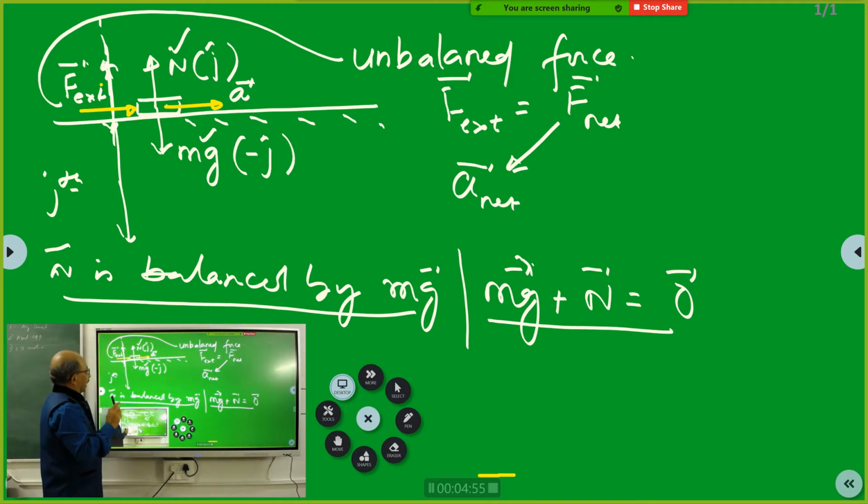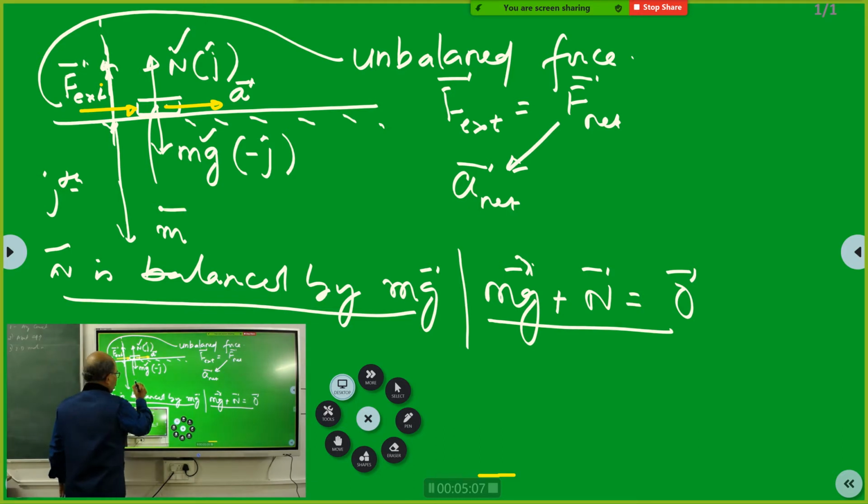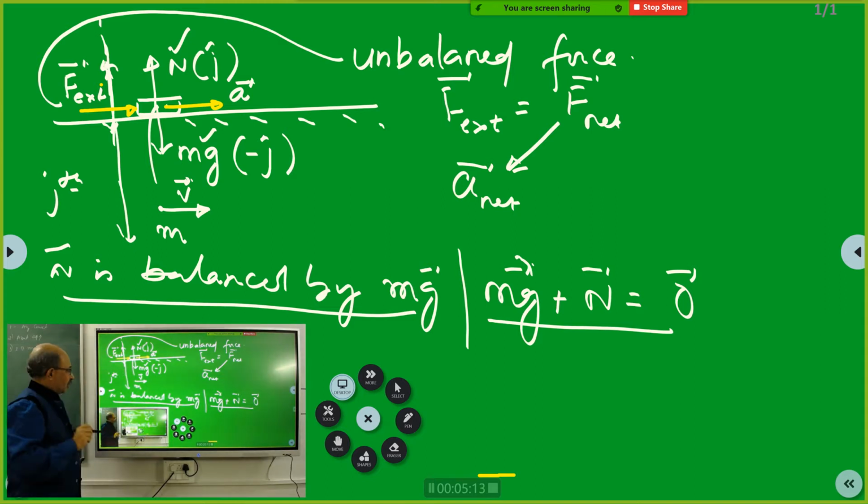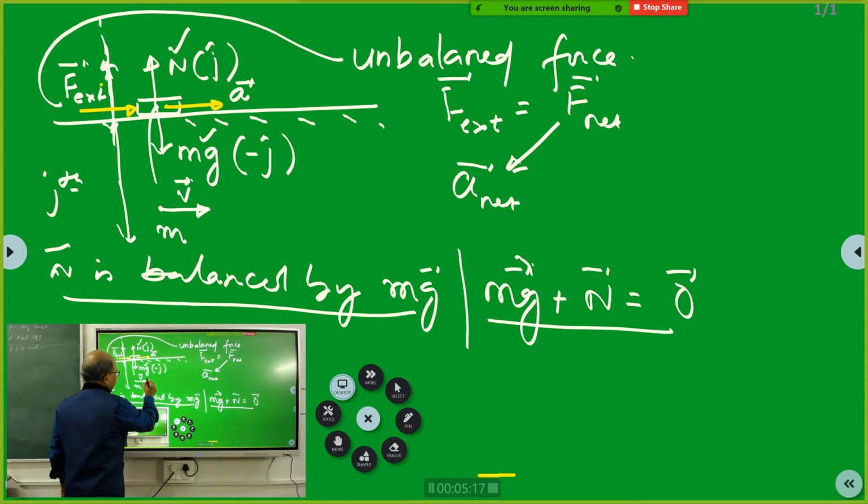The other way to look at it is, now you look at this body, treat this body as a particle of mass m, and you also look at the velocity vector associated with this. When no force is acting, this velocity vector has value 0.